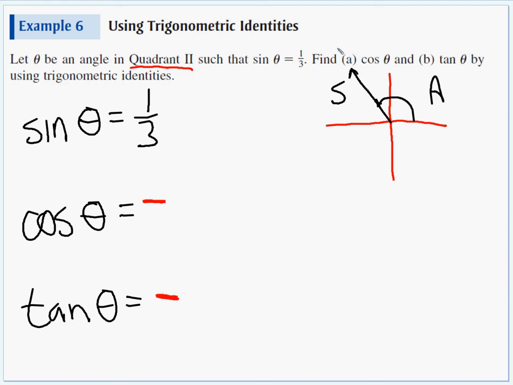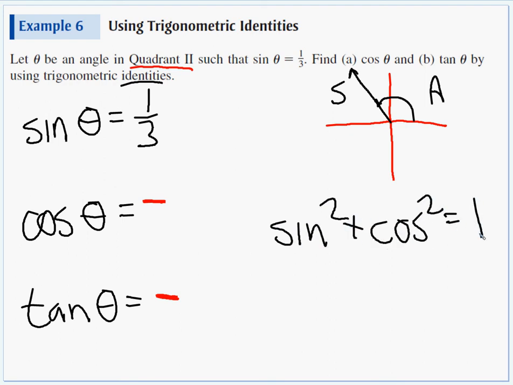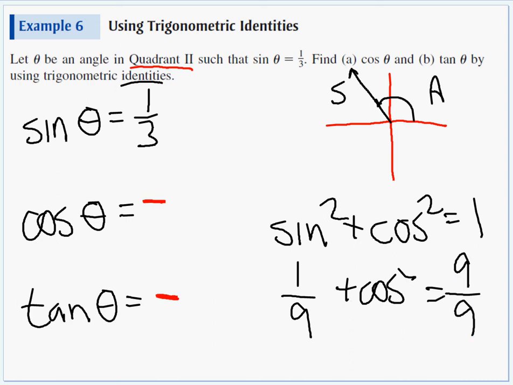And they did tell us to use the identities. So let's start with the Pythagoreans. We've got sine and we want cos. So sine squared plus cos squared equals 1. Well, we got sine is 1/3. If we square 1/3, we get 1/9 plus cos squared equals, I'm going to make 1 into 9/9. And then if we subtract 1/9 from each side, that becomes cos squared equals 8/9.